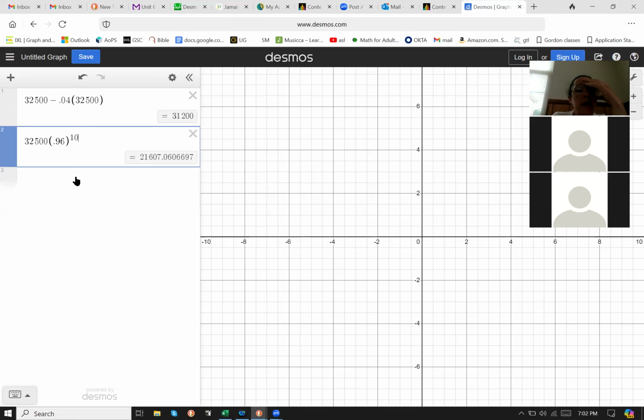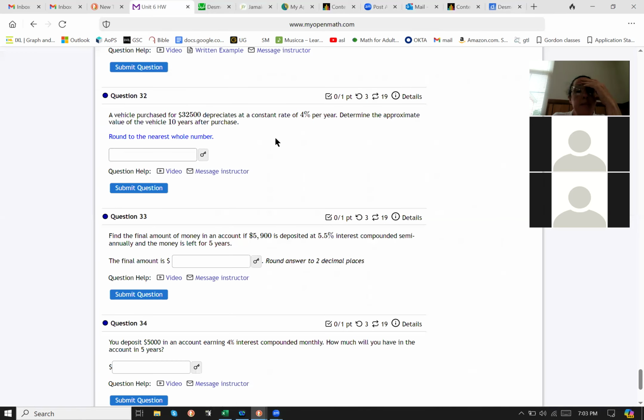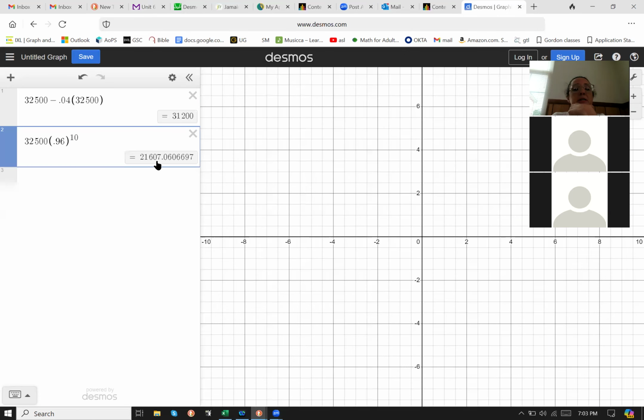So it looks like after 10 years, it'll be $21,607.06. Let's just verify that. Yeah, and it wants it rounded to the nearest whole number, so that would round to $21,607.